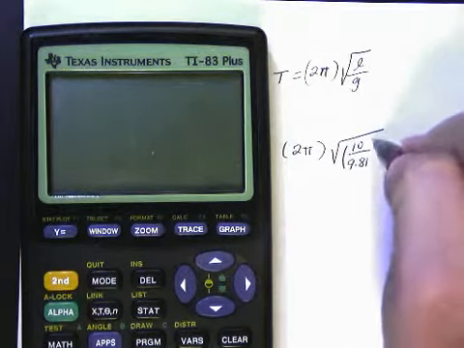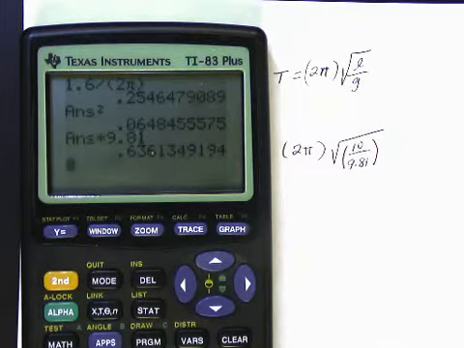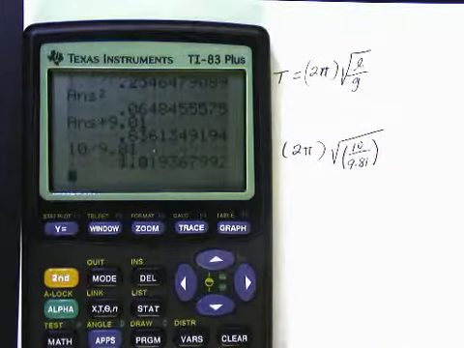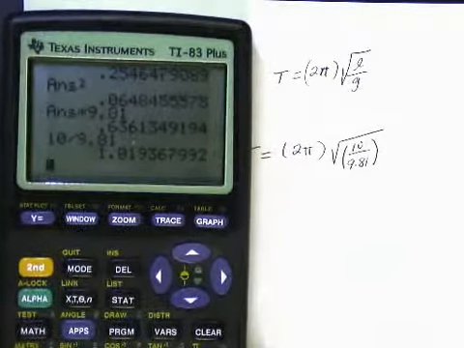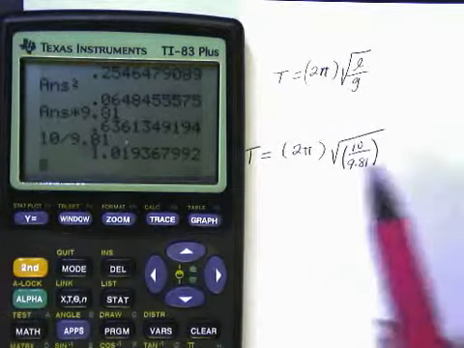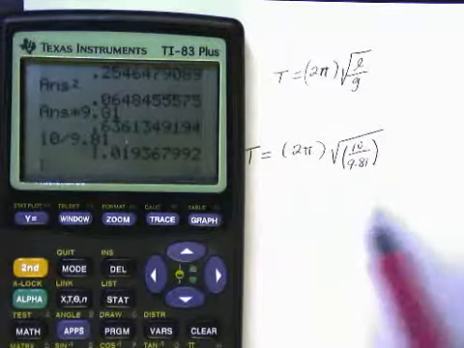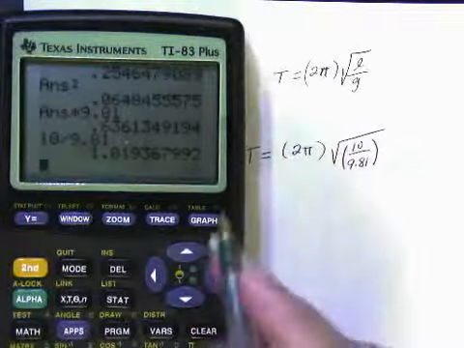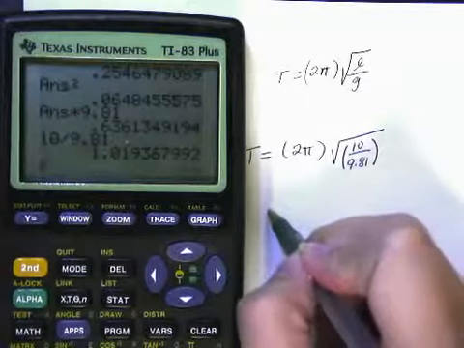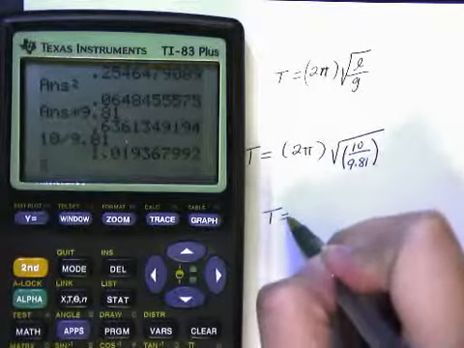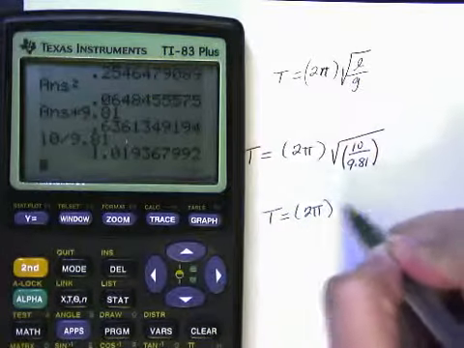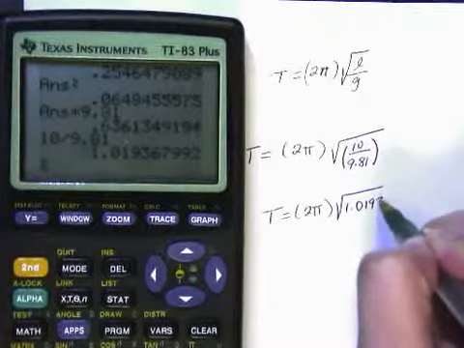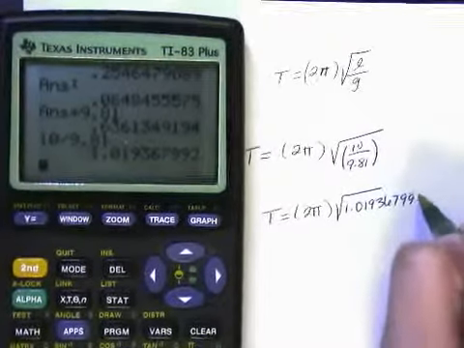First thing I'm going to do is solve for this part right here, 10 divided by 9.81, and I get a value of 1.019. Now it's okay to round here on paper, but you never want to round on the calculator itself. You want to leave the number intact. So we are given that T is equal to 2 pi multiplied by the square root of 1.019367992.